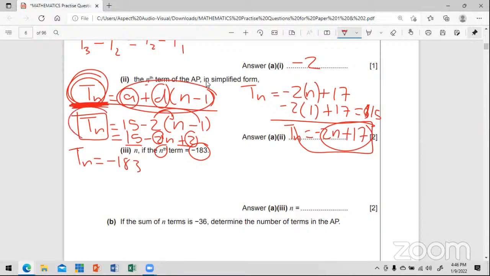Now remember, wherever there is Cn, you just put -183. But what is your Cn? It is right here on the other side of the equation, and it's equal to -2n plus 17. Numbers on one side, variables on another side, and you find your n. Are we together? Yes.